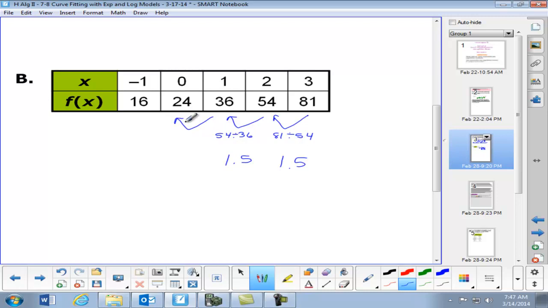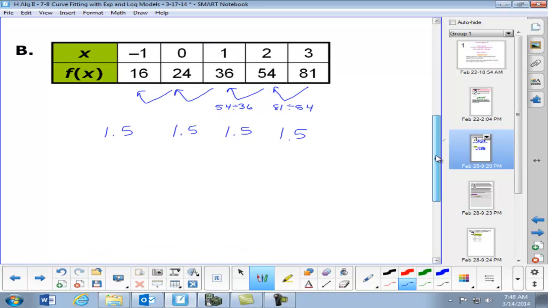What is 36 divided by 24? 1.5. And 24 divided by 16, 1.5. So since all of these are constant, this does represent an exponential model. So it is exponential.